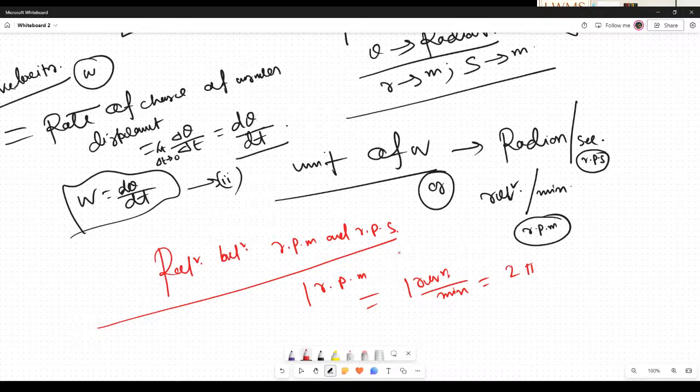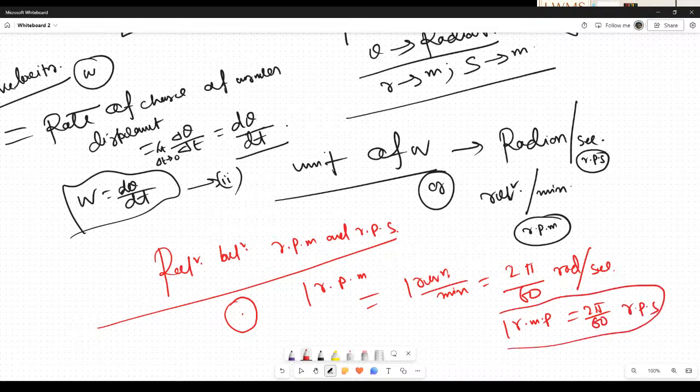Hope all of you know it. 1 revolution in circular path is 2 pi angle. It describes 2 pi by 60 rad per second. Never forget. 1 RPM is 2 pi by 60 RPS. Clear?